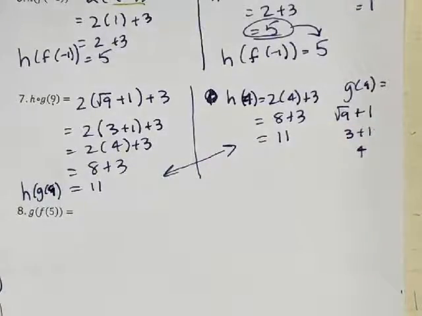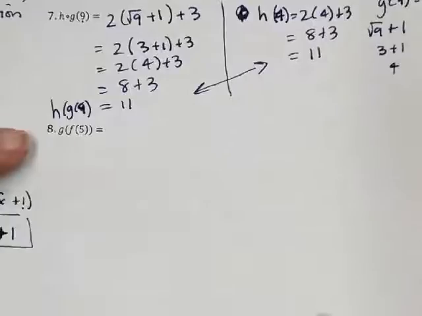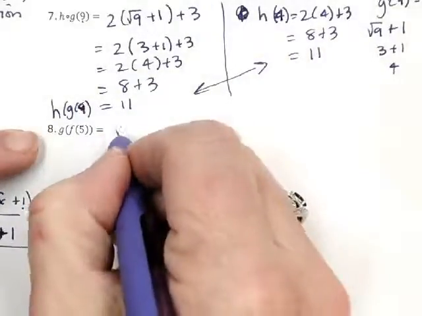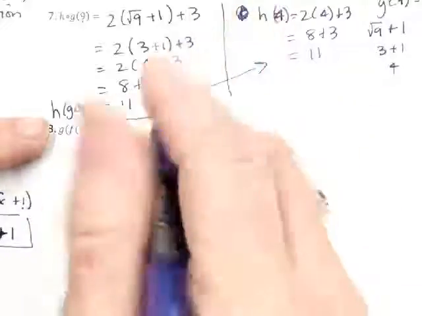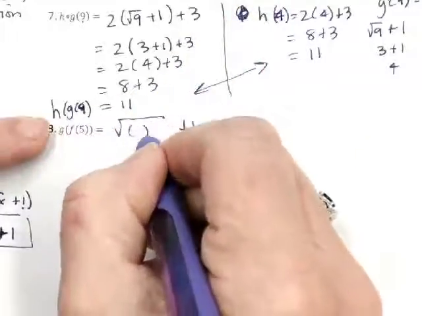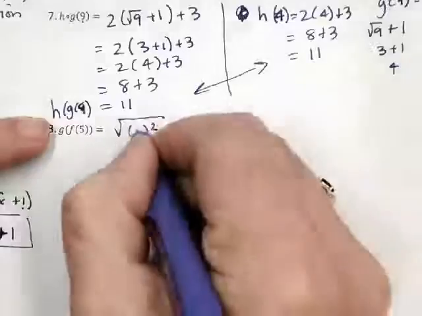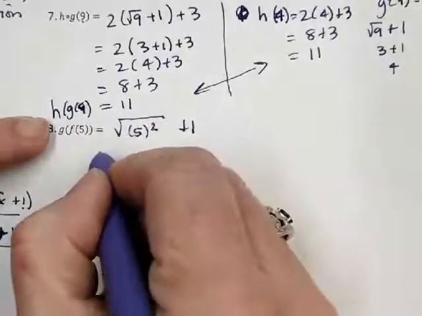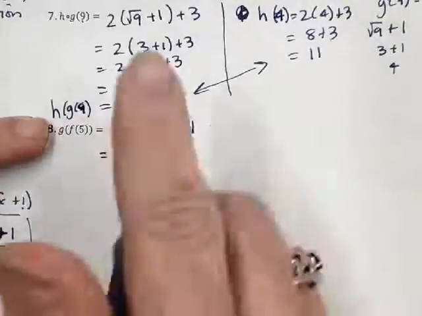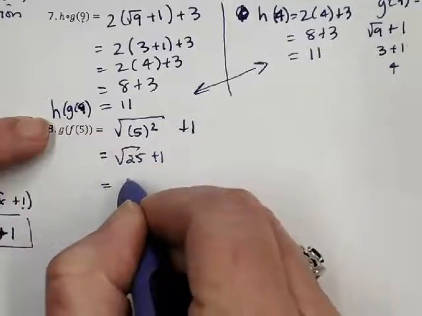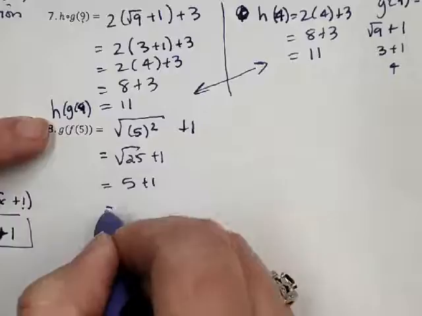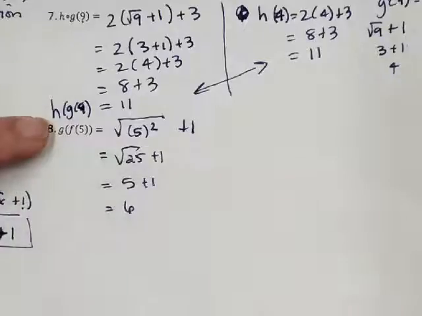Last one, g of f of 5. So my g function is the square root of x plus 1. My f function is x squared, and that's going here. So if I square 5, I get 25, and the square root of 25 is 5, and 5 plus 1 is 6.